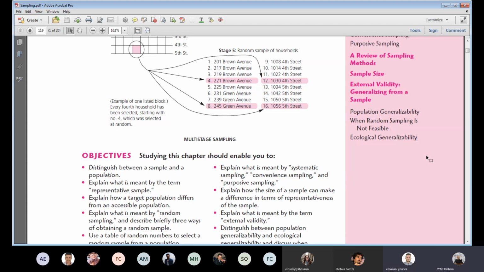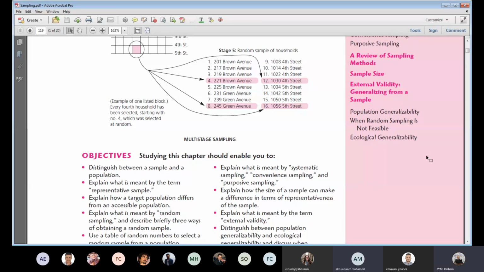When we talk about ecological generalizability, what does that mean? Sir, that we can have the same results repeated in different geographical conditions.